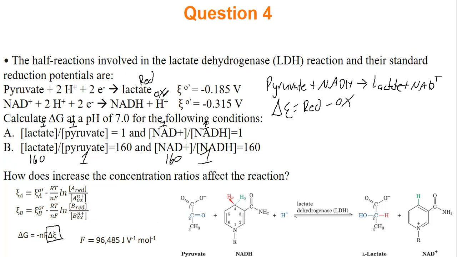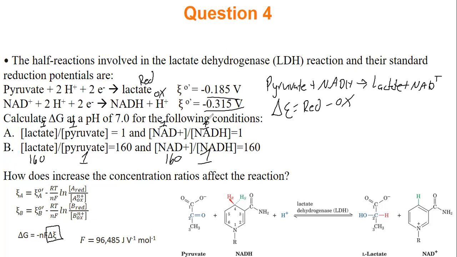And this is something we talked about when we first looked at Nernst's equation: you always use the reduction potentials. You don't flip those at any point, even though in the equation this NADH is actually our reactant. In the half potentials we have written here, you don't need to change those numbers.